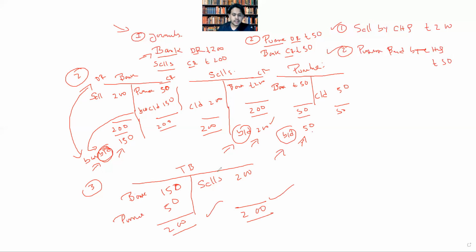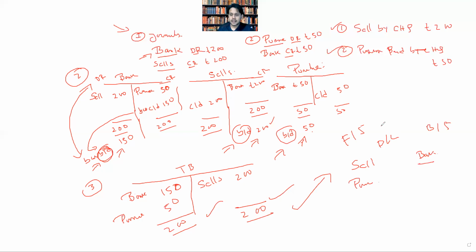So once the trial balance is prepared and if it is balanced, our next step will be to prepare the financial statement. And on the financial statement, we have two parts: profit and loss account and the balance sheet. So sales will be part of our P&L account, profit and loss account. Purchase will come to the profit and loss account. And on the balance sheet, bank will come.